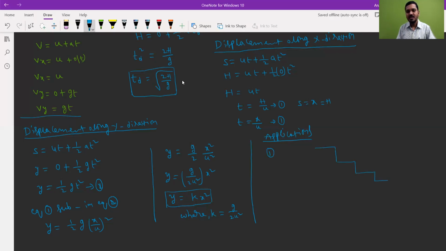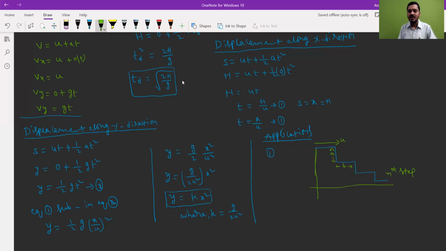One ball is thrown from the top of one step with velocity u. Take each step height as a, and the width of each step as b. Suppose here n steps are there. For understanding purposes, I am drawing a horizontal line like this. Suppose this is the nth step.